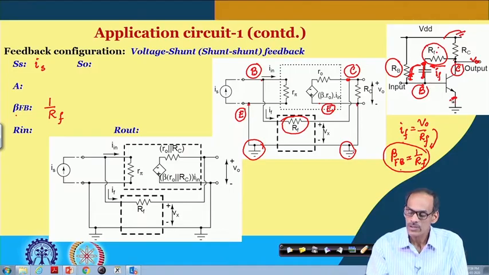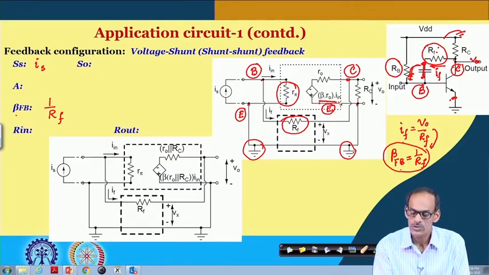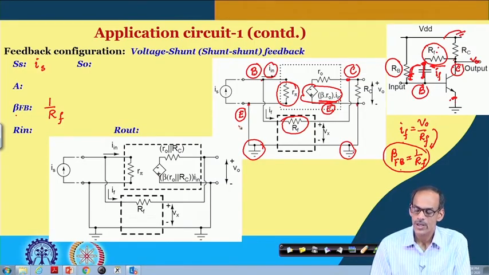Now, base to emitter, we do have R pi, and then collector to emitter we do have an internal signal voltage, which is beta times R naught into I in. In fact, this voltage we need to write in terms of the input signal, which is current, because our main focus is to define A of this circuit, rather Z m.